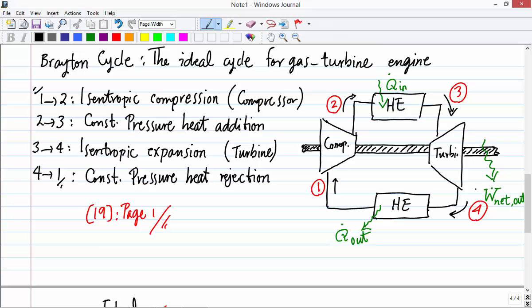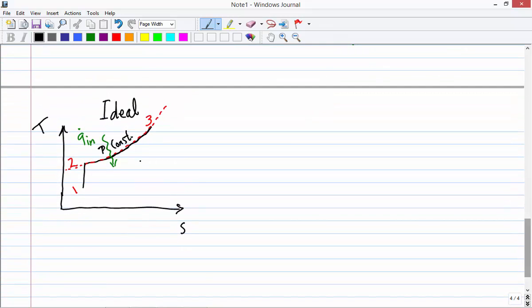And we are in an ideal world, so we expect the process to be isentropic, entropy should be constant. Therefore that would again be a straight vertical line, and we end up at point 4. Entropy is constant.